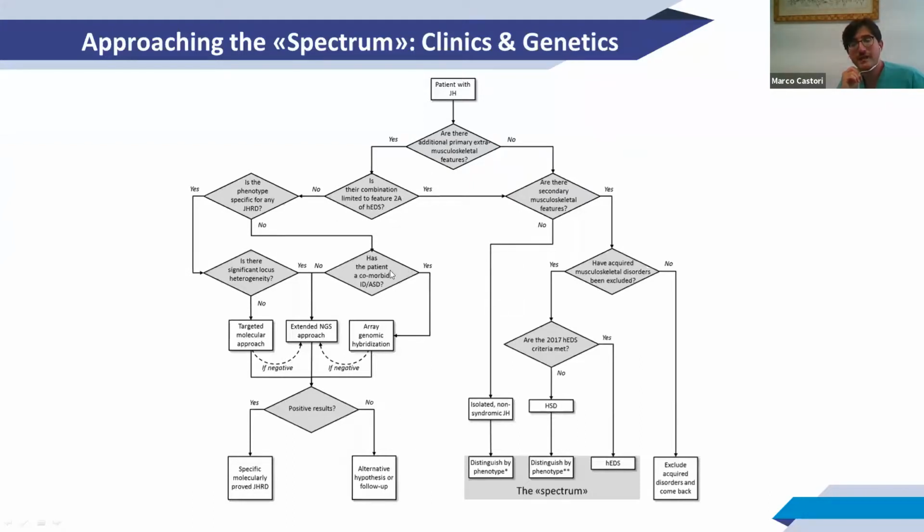So I suggest to all to refer people to a clinical geneticist when you suspect something that is more than a combination of joint hypermobility and musculoskeletal manifestations.